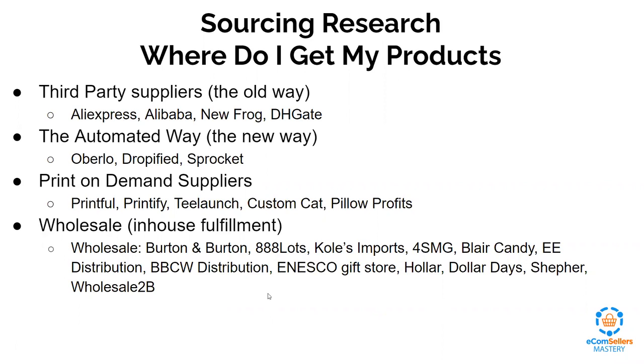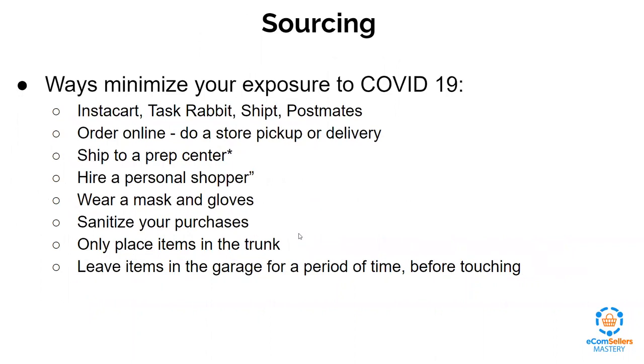Everybody's in business to make money, but this can happen because if a product takes off, you'll be running behind it trying to fulfill because people will start ordering more than one, and they'll start sharing it and things will go crazy. So, sourcing, the ways to minimize your exposure to the COVID-19.